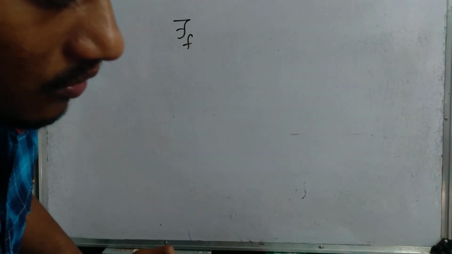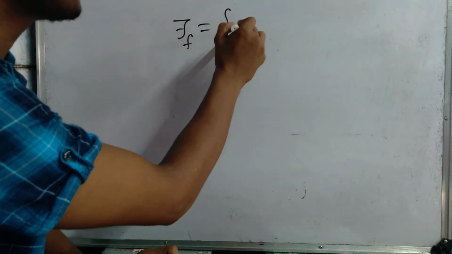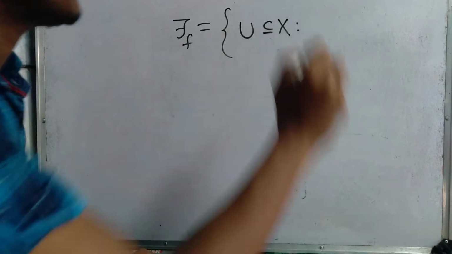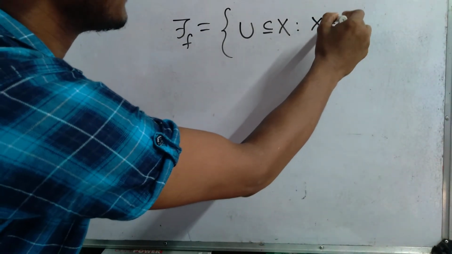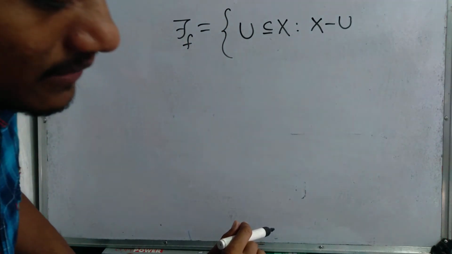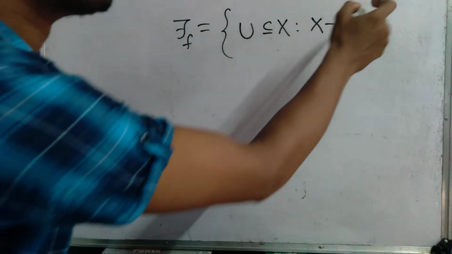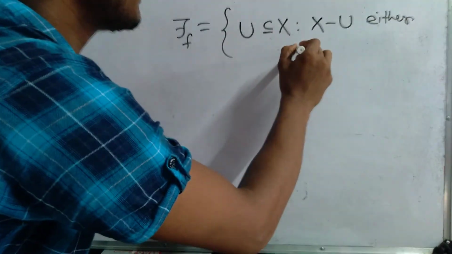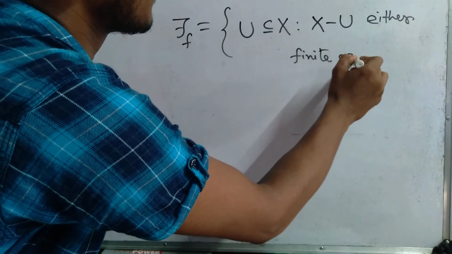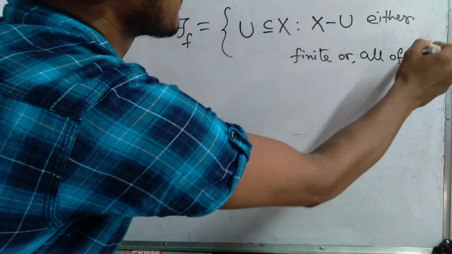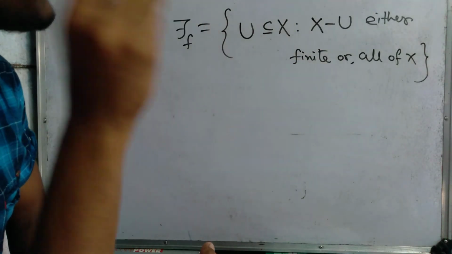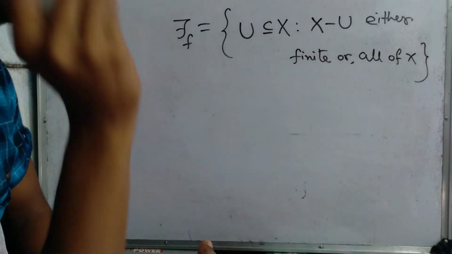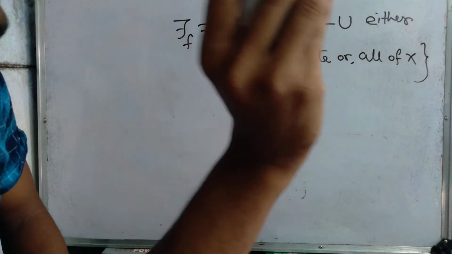This topology contains all subsets U of X such that X difference U is either finite or is all of X. That means the complement of U in X must be finite, that is, the complement of U in X contains finitely many elements.